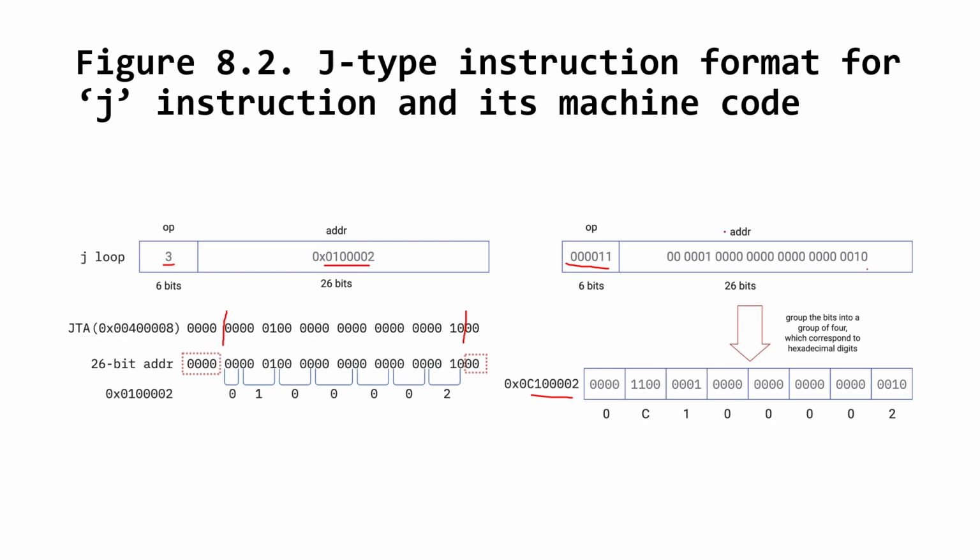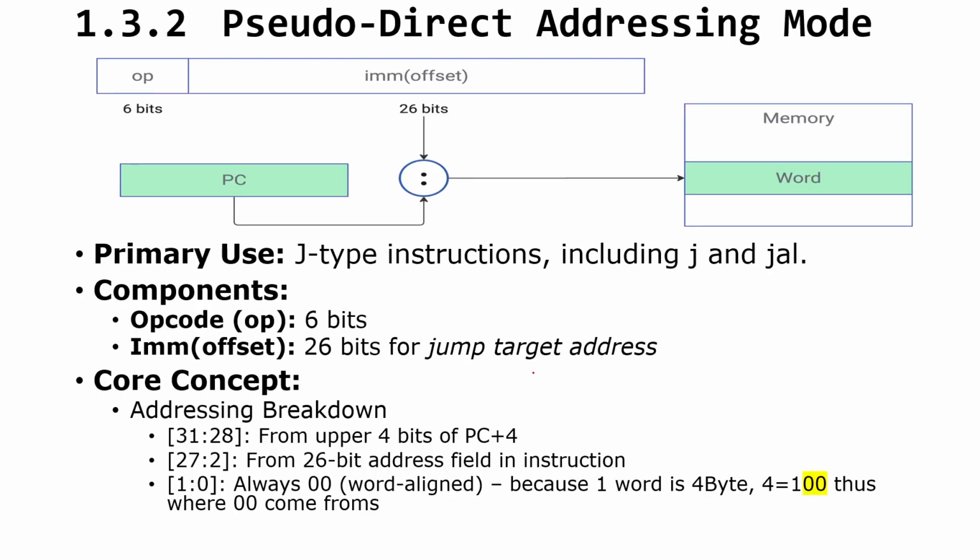If you have this instruction, convert it into binary, like this, and then put a 00 at the back because, as I mentioned before, it is always word aligned with 00.